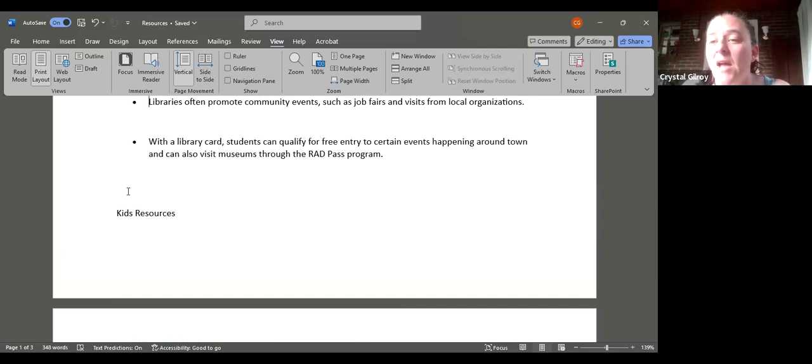If it is cost prohibitive to buy a ticket or get a membership to a museum, they want to help you find ways to make those things accessible to people in the community. So that's something that they do want to help with. Again, we love our libraries, so we want to utilize those resources and encourage students to use them as much as possible as well.